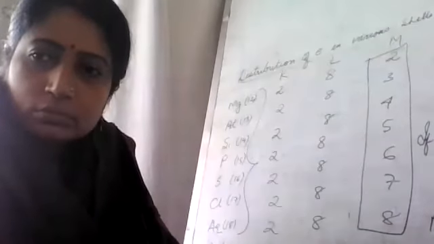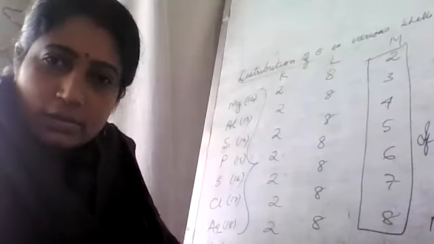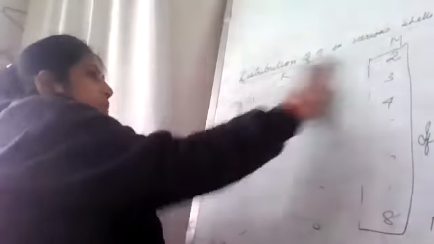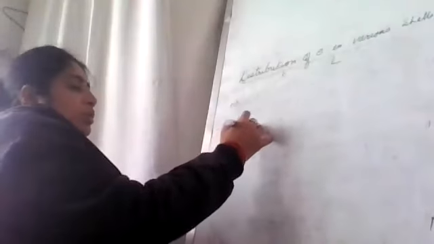What? 2? Minus. And why it is getting minus charge? Because it is gaining 2 electrons. Because the number of electron is more than the number of proton. Very good, very good. Because the number of electron is greater than the number of proton.